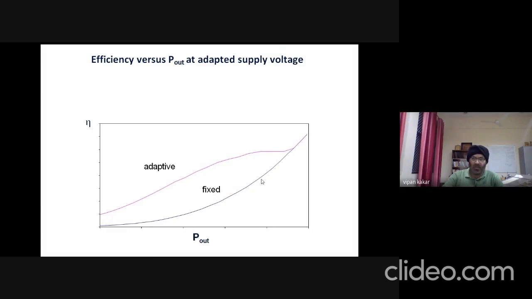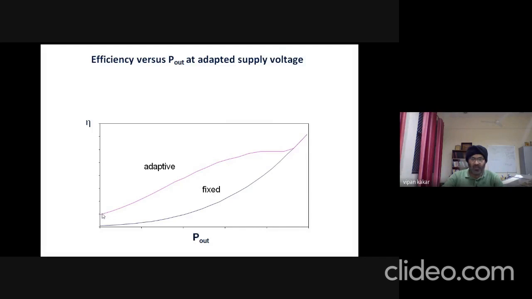So this was the efficiency curve when this power amplifier was directly connected to the battery. Just by using that DC to DC converter with some intelligent control, we can actually increase the efficiency at lower levels of loads also. Let's say when a smartphone is on standby, when we are directly connecting it to the battery, more power is consumed.